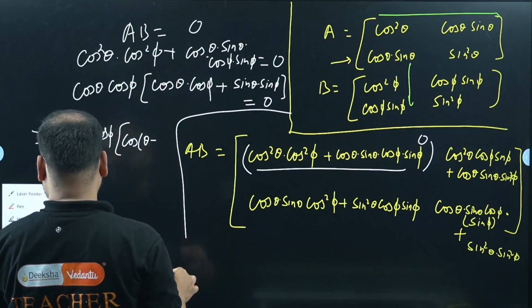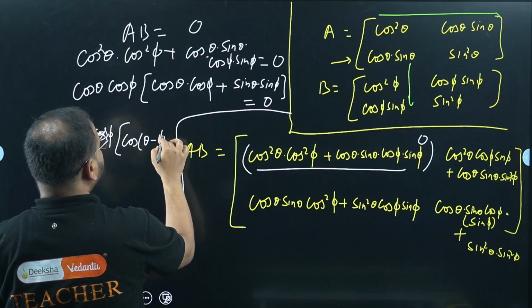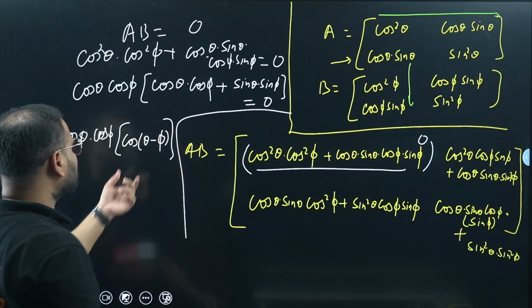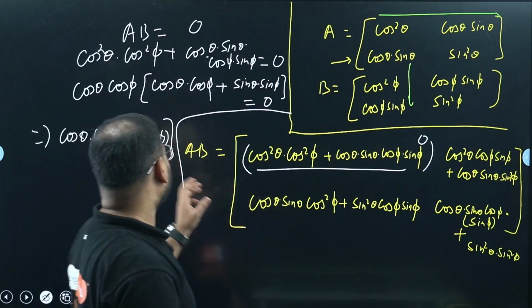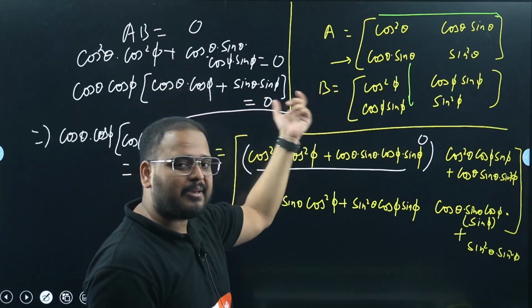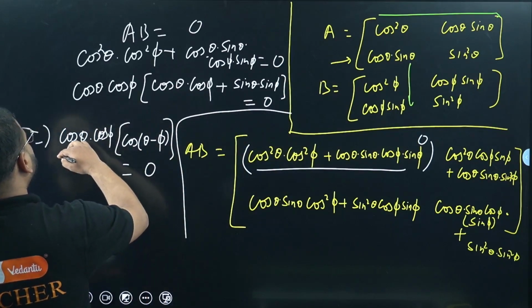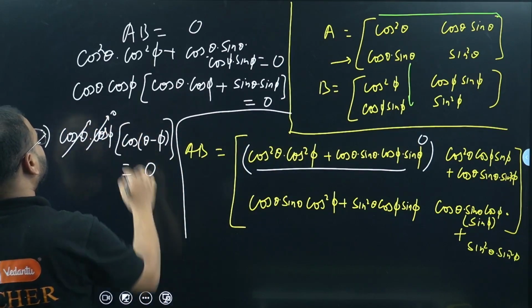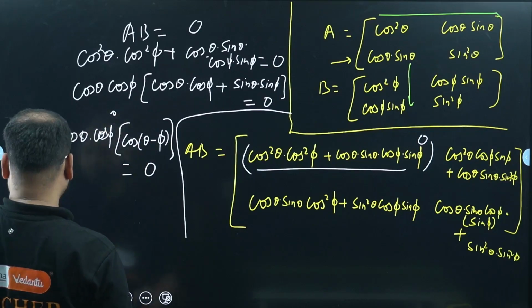Okay, sir, why not phi minus theta? Same thing. For cos, it's the same thing, whether you take theta minus phi or phi minus theta. So cos of theta minus phi, from the formula cos A cos B plus sin A sin B. Now check here. These two cannot be 0, right? These two cannot be equal to 0.